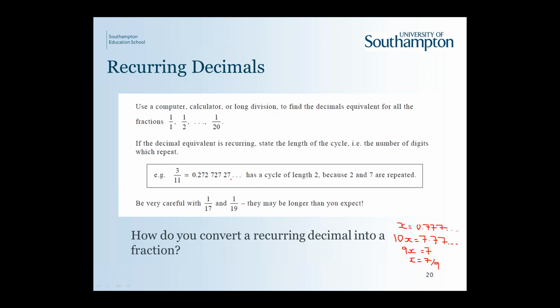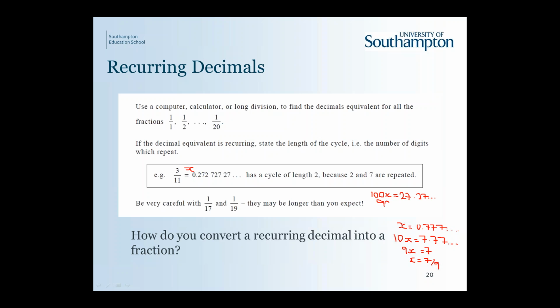This one, for example, 0.272727, if that's my x, I need to multiply my x by 100 because I've got a cycle of length 2. That will then give me 27.272727. If I don't do that, I'm only going to get 2.7272, and I'm not going to get rid of that stuff.